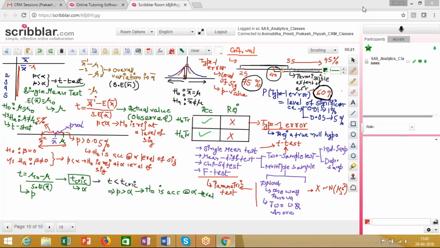So how do we do the mean difference t-test? What are the hypotheses? The hypothesis of the mean difference t-test is as follows.